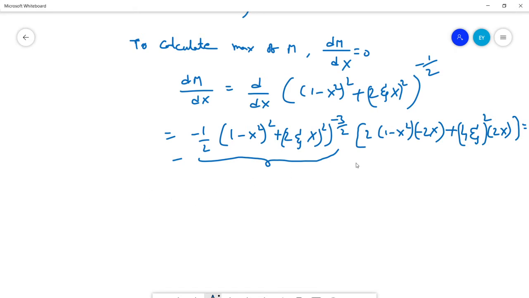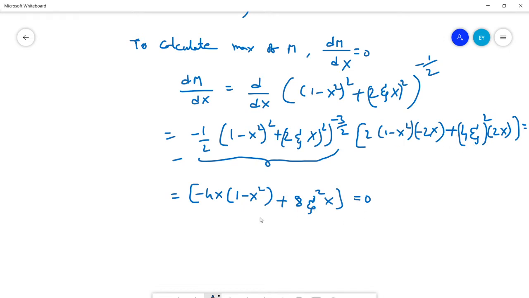Therefore, if you equate this term to 0, what you get is minus 4x into (1 minus x square) plus 8 zeta square x is equal to 0. So this I am equating to 0. Since the power is there, this can't be equated to 0. This should be equated to 0.